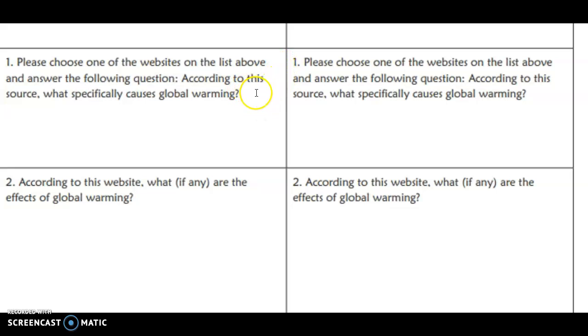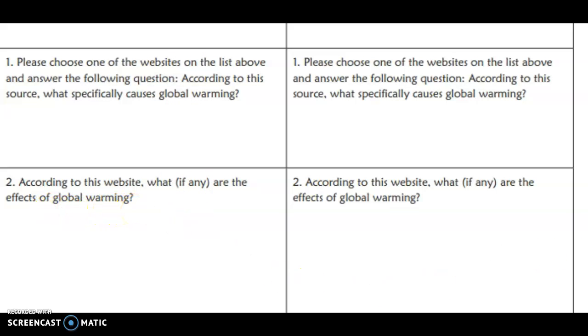According to this source, what specifically causes global warming? Okay. And then the second question, according to the website that you choose from above in this column, what, if any, are the effects of global warming?